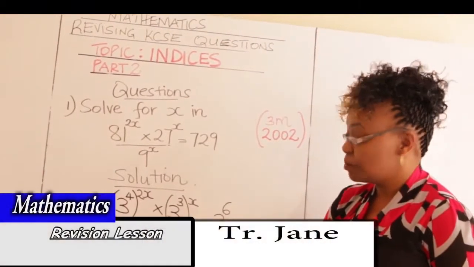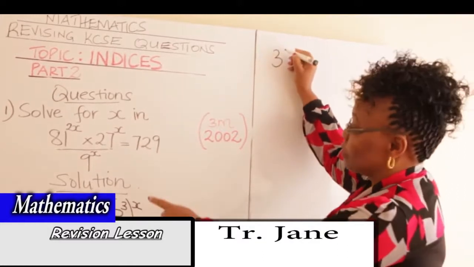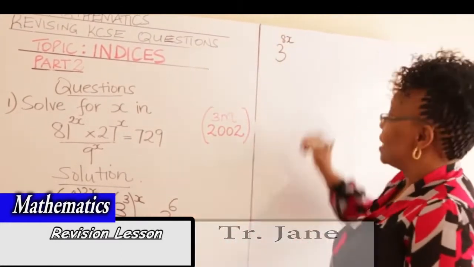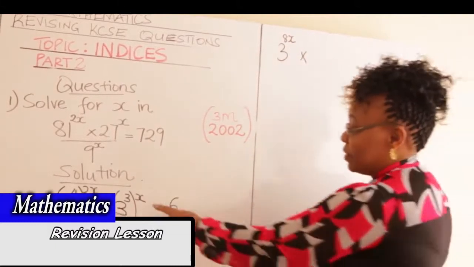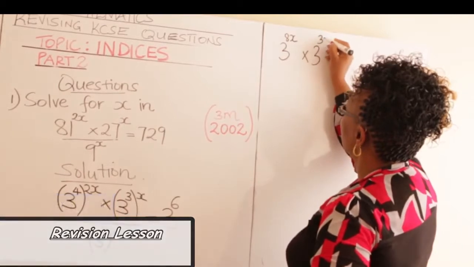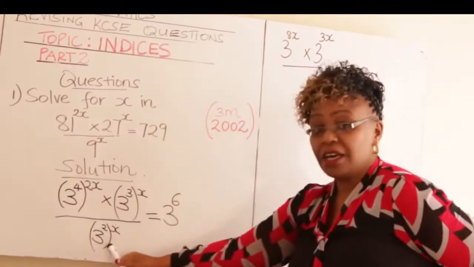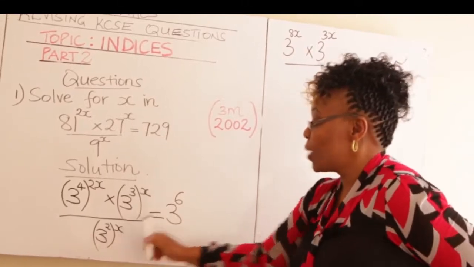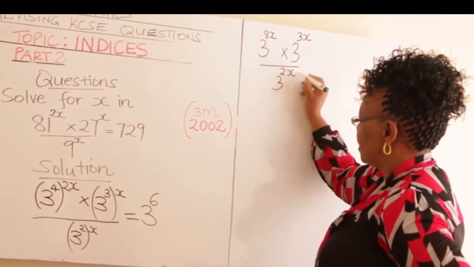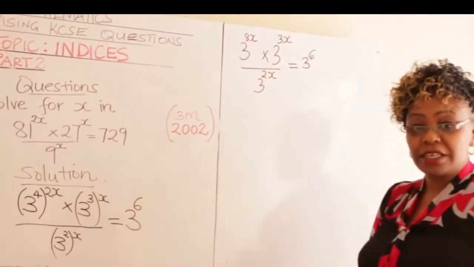So you get 3 raised to what? 4 times 2x gives you 3 raised to 8x, times 3 raised to 3x, divide by 3 raised to 2x, equals 3 raised to 6.